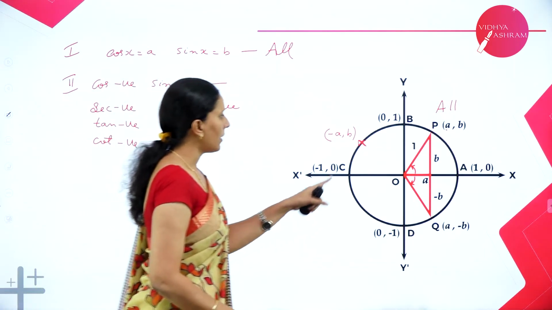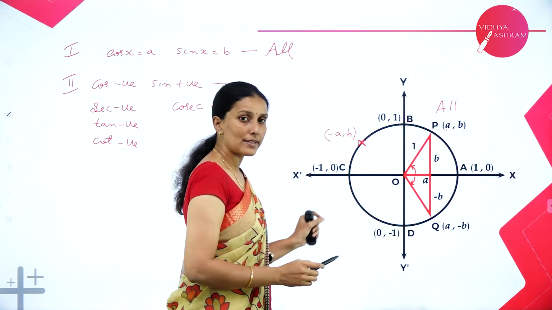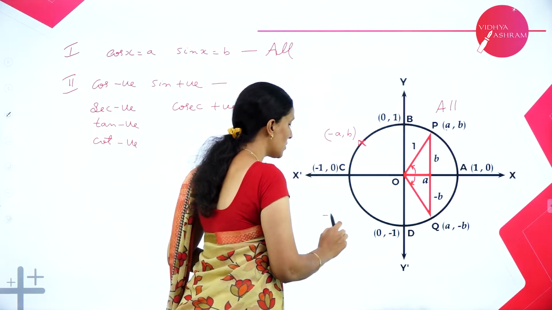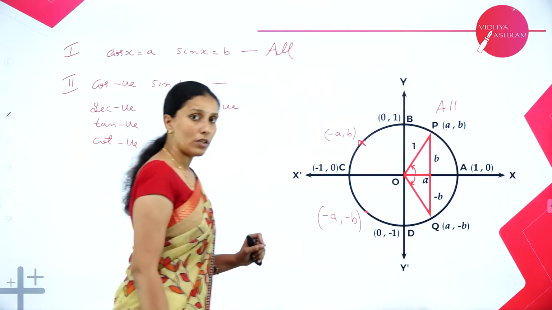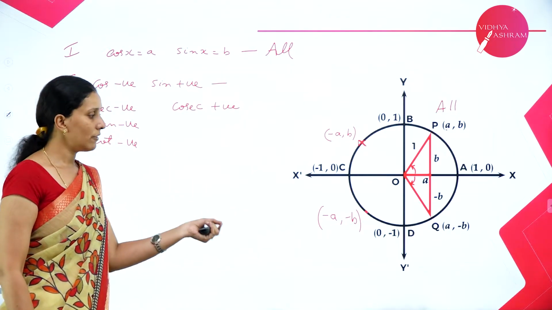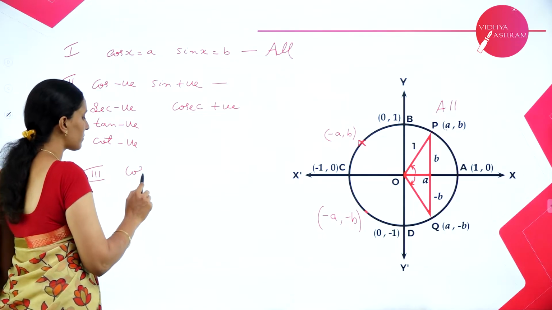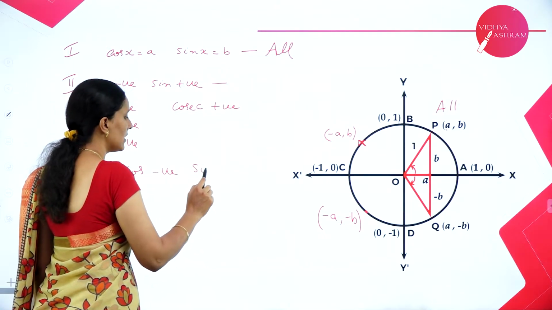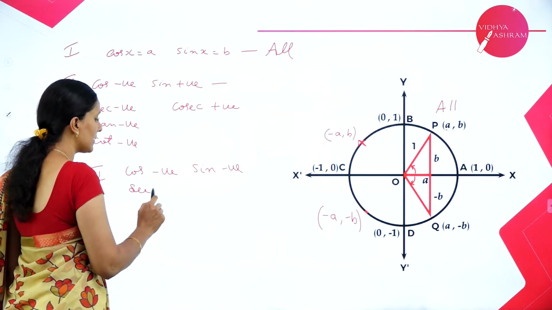Now let me take the same point in the third quadrant. We know that in the third quadrant, both x and y coordinates are negative. So here the point will be in the form of minus a comma minus b. That means cos is negative, sin is negative. Since cos is negative, secant is negative.